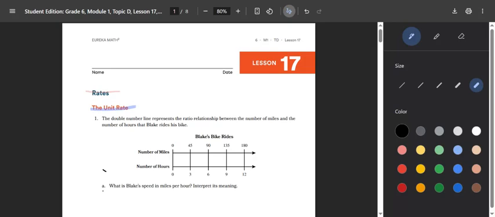For example, 135 miles in 3 hours is harder to understand than 45 miles per hour. It's easier to understand 45 miles per hour than 135 miles in 3 hours. So that's why we use unit rates, getting one of the parts of the ratio down to 1 unit.